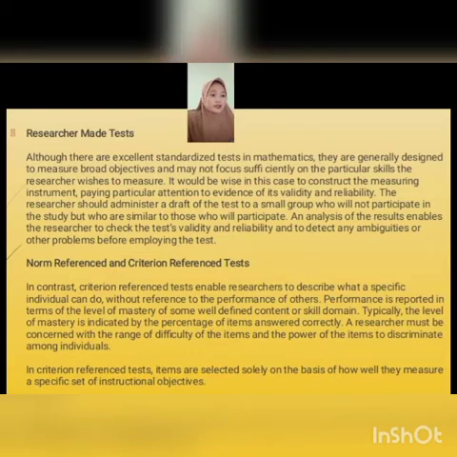The researchers should administer a draft of the test to a small group who will not participate in the study but who are similar to those who will participate. An analysis of the results enables the researchers to check the test validity and reliability and to detect any ambiguities or other problems before employing the test.